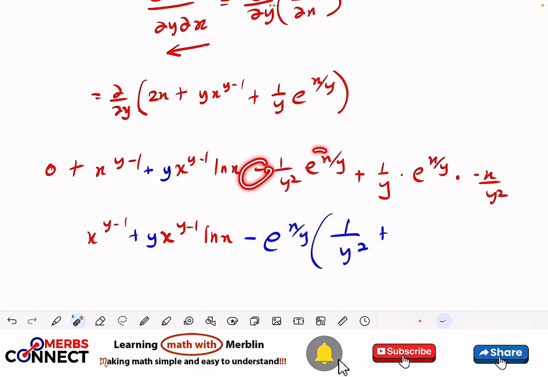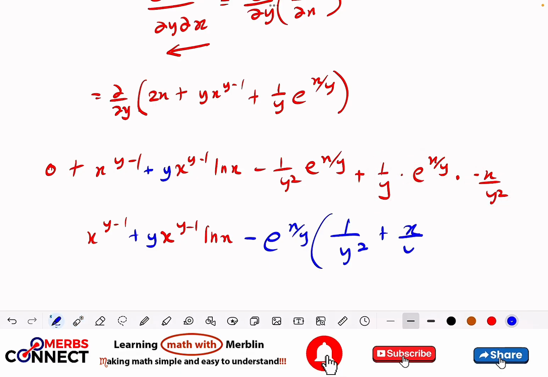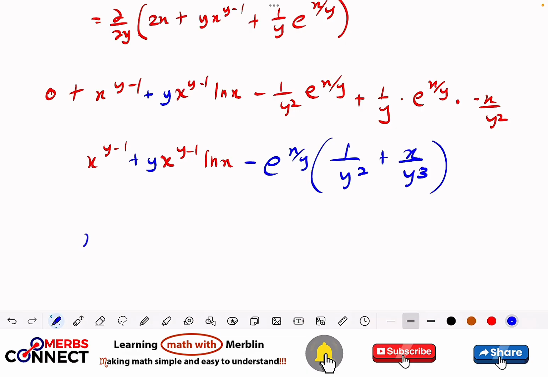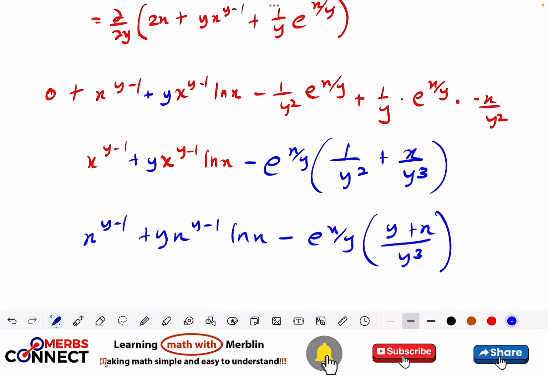When I factor this and this out, it will be left with this times this, and then this one is going to give us x divided by y cubed. Don't forget we have factored the minus out already. So when I simplify the one in the parentheses there, I'm going to have this x^(y-1) ln of x minus over y. This is going to give us y plus x divided by y cubed. Yes. So this is what I'm going to get from there.